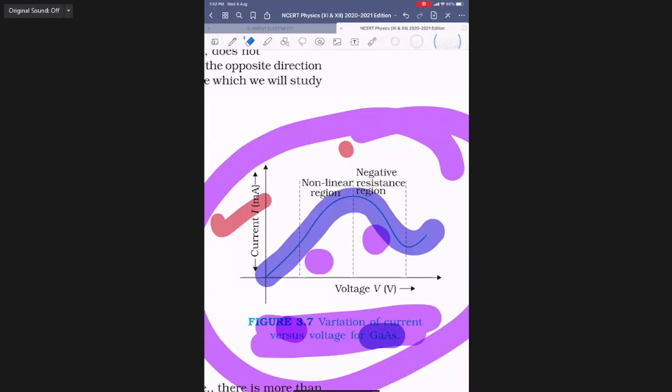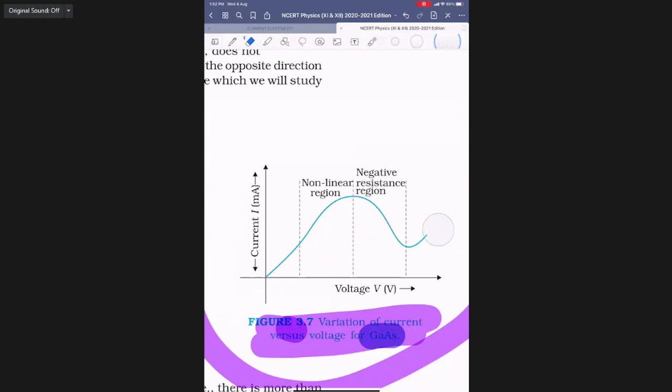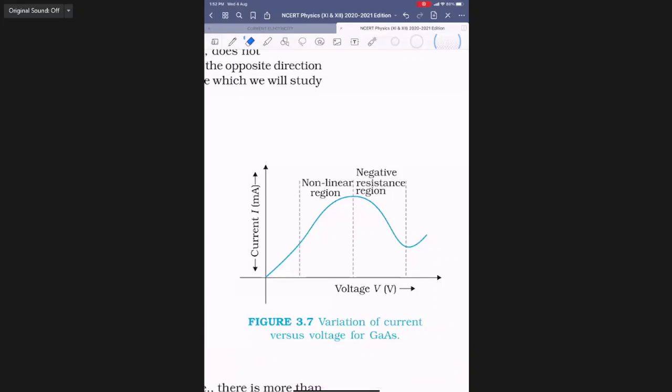And they used a symbol. Observe here carefully. What slope will it give here? Positive, no? Here the slope is negative. What does the slope give? Resistance. Current and voltage, right?